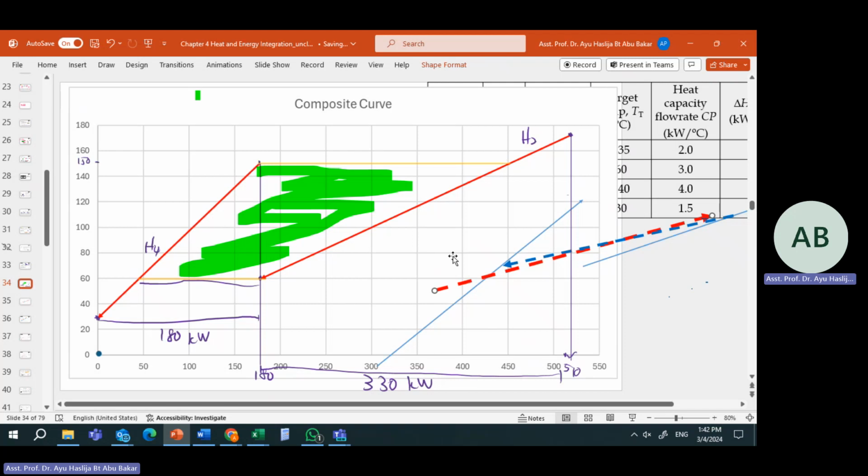This point, hot, hot. So this point, to this point, combine. Okay, this is the combined line.